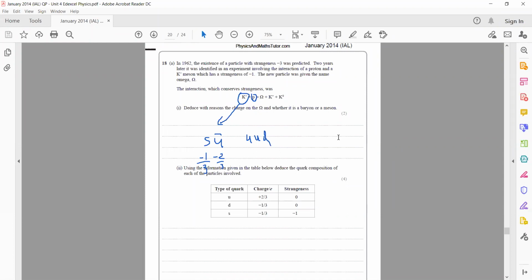Strangeness for every strange particle is -1, and for anti-strange it is +1. This is called the strangeness number. For this K, it will be up and anti-strange. And for K neutral, what will be the composition?